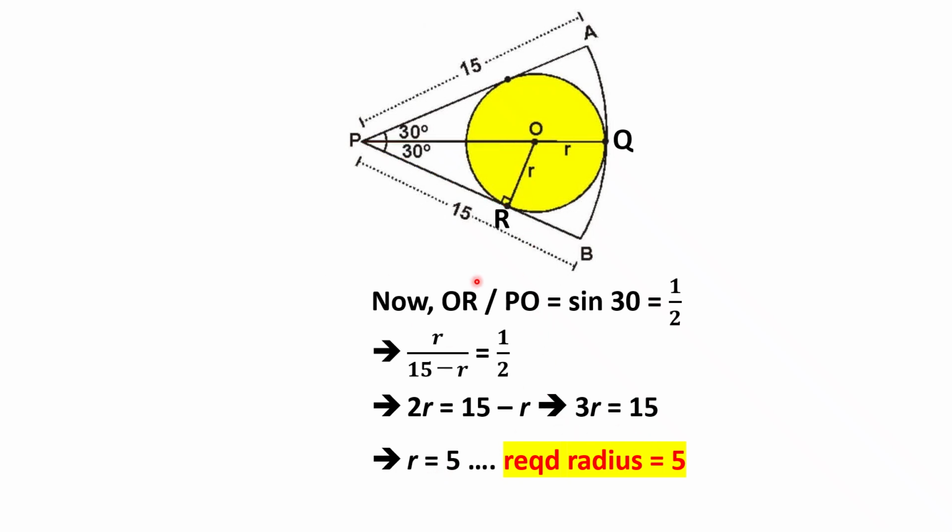The required radius is 5 units. We are taking altitude R divided by hypotenuse 15 minus R equal to sine of 30 degrees, which is 1 by 2. So R equals 5, and the required radius is 5 units in length.